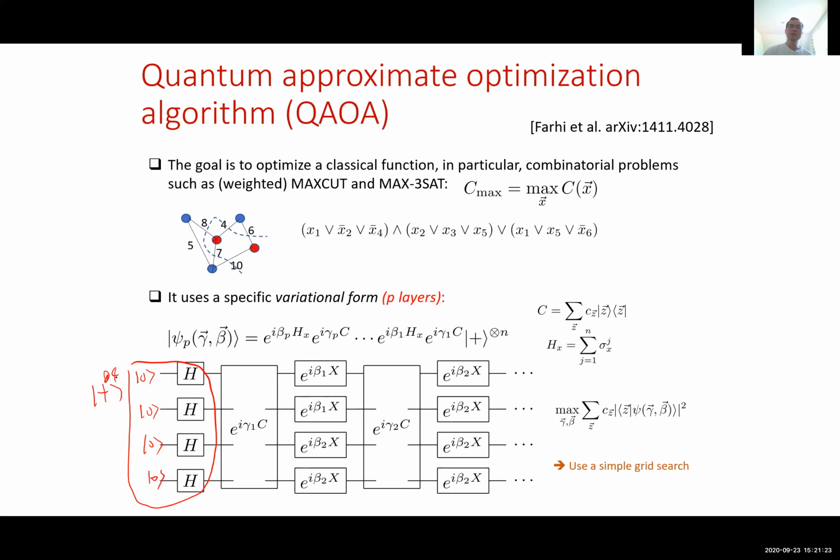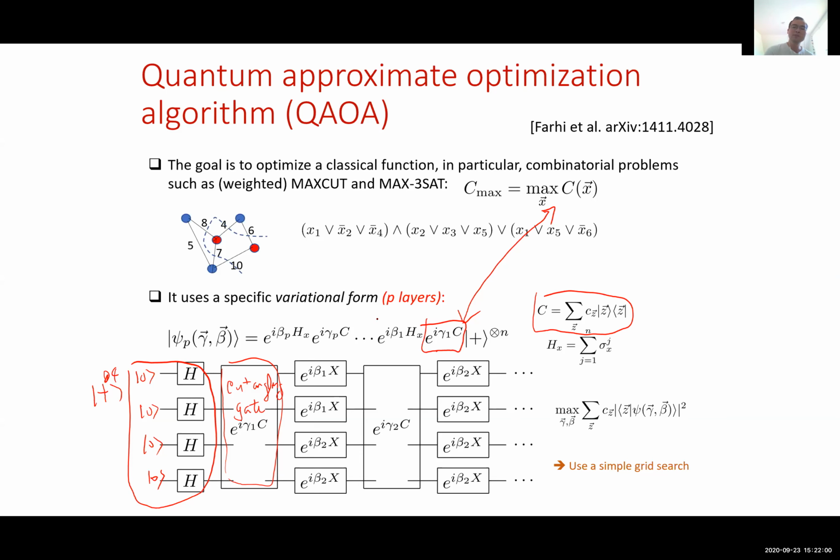Then we apply some gate related to the problem, the cost itself, because these are classical problems. In terms of this operator, it can be an entangling gate, similar to the CZ gate, the Control-Z gate, but a big entangling gate.